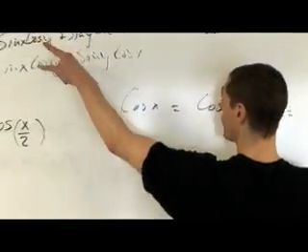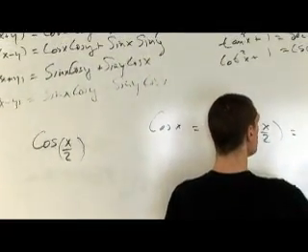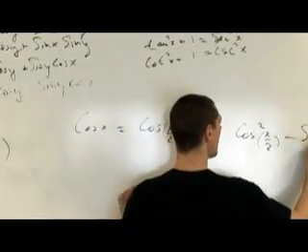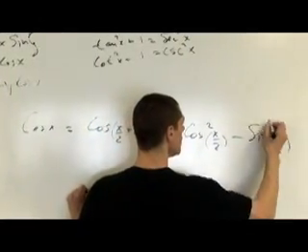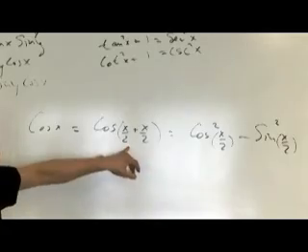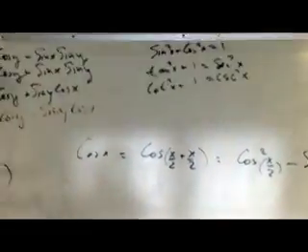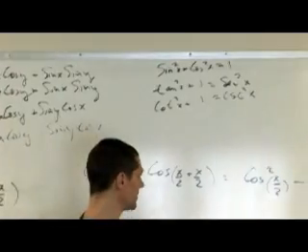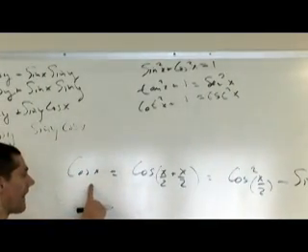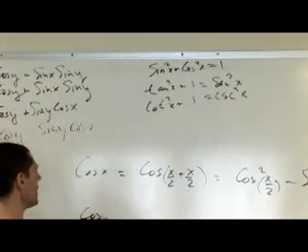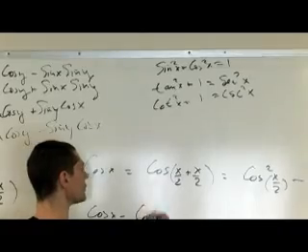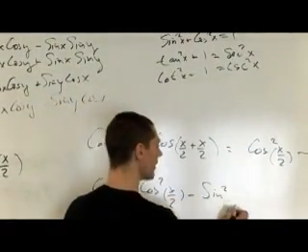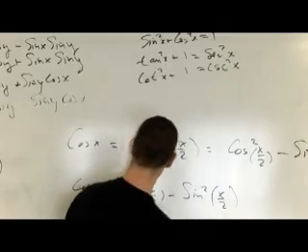By our formula, this is going to be cosine squared of x over 2 minus sine squared of x over 2. Remember, cosine of x over 2 times cosine of x over 2, that's where the square comes in. So we have cosine x equals cosine squared x over 2 minus sine squared x over 2.